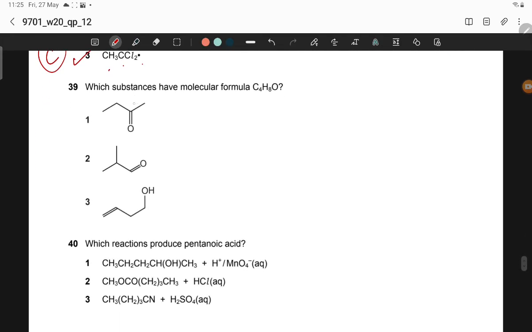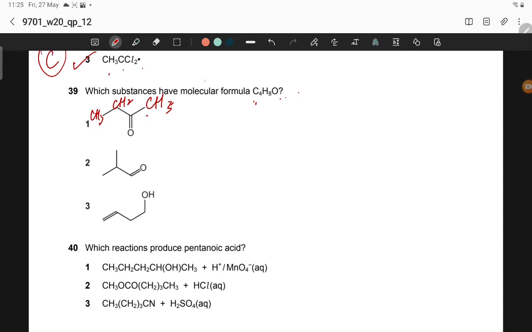Which substances have molecular formula C4H8O? CH3, CH2, CH3. This is C4H8O.